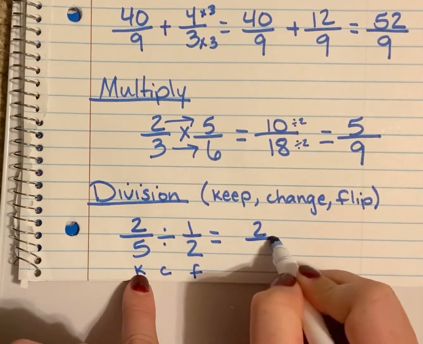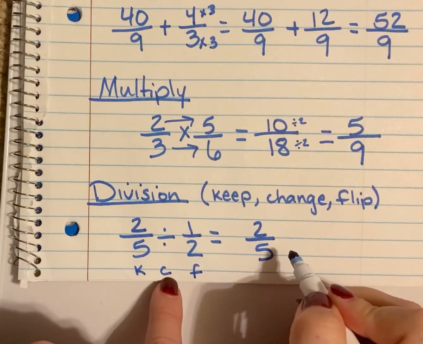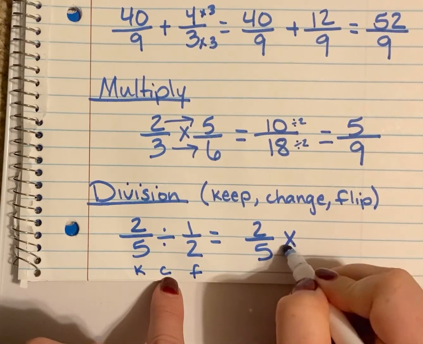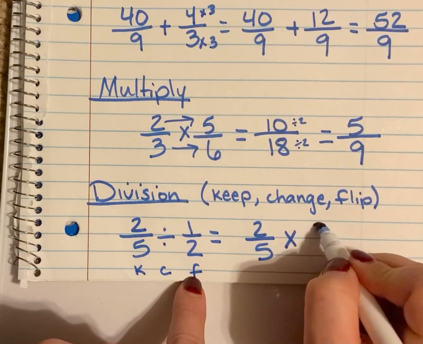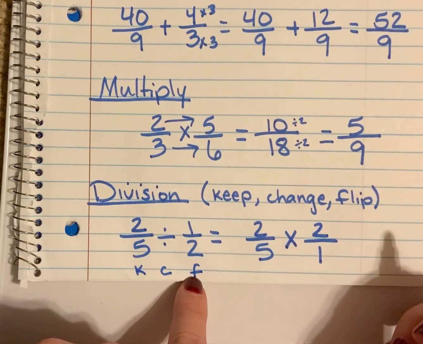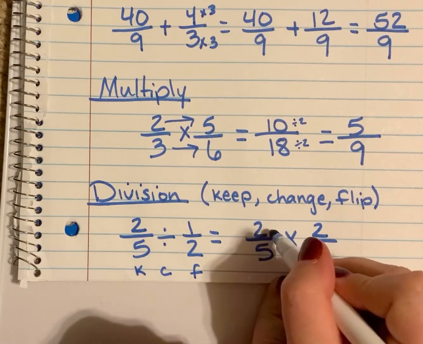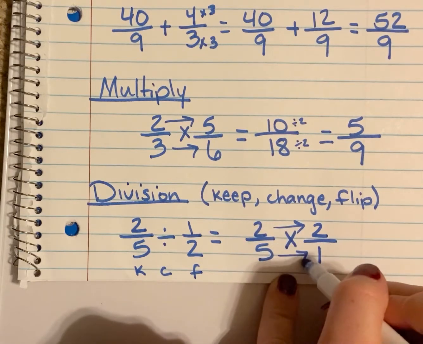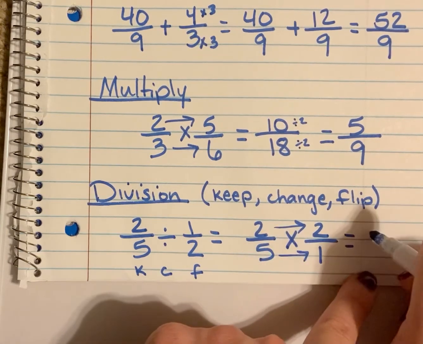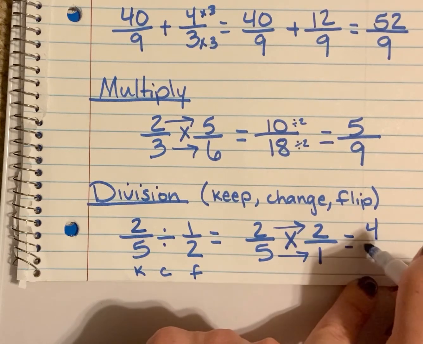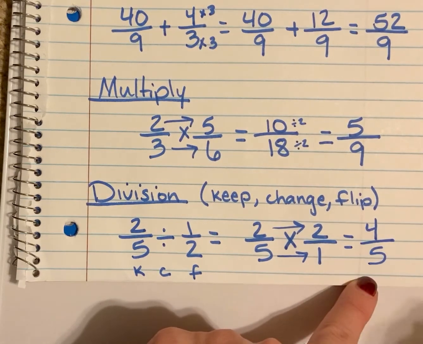Keep 2/5, change division to multiplication, and flip the second fraction. Now I just follow the rules for multiplying. Multiply straight across. 2 times 2 is 4. 5 times 1 is 5.